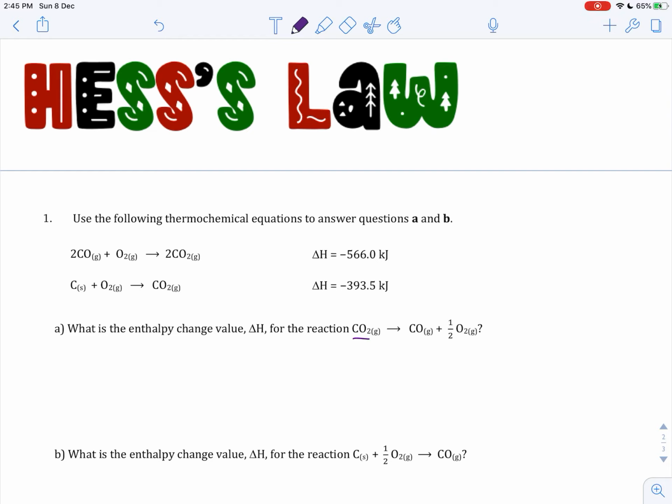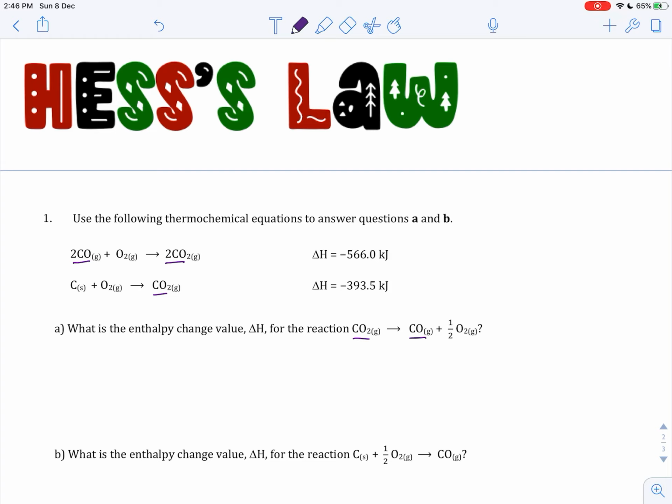So we've got carbon dioxide in your question. You've also got carbon dioxide in both of the equations given. Then we're having a look at carbon monoxide. You've only got carbon monoxide in reaction 1.